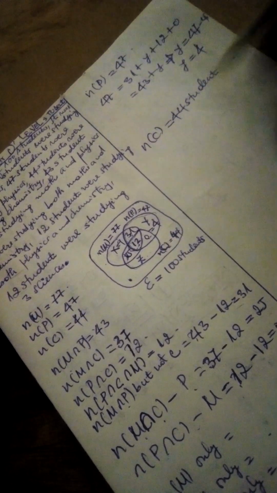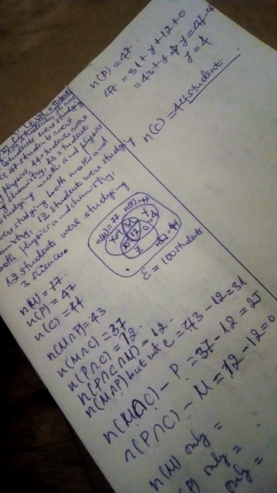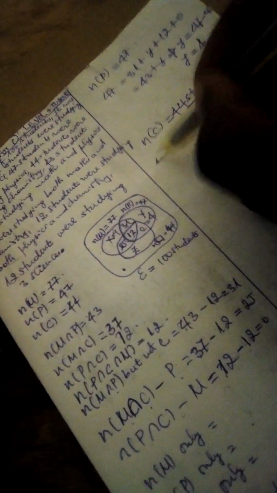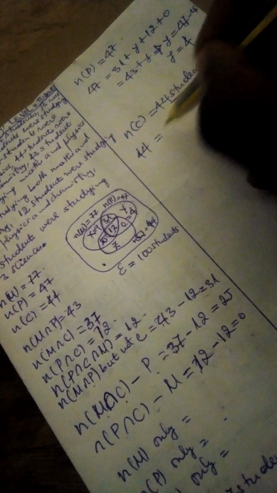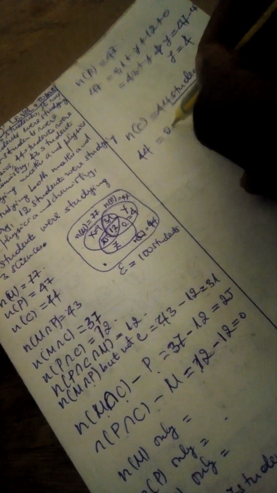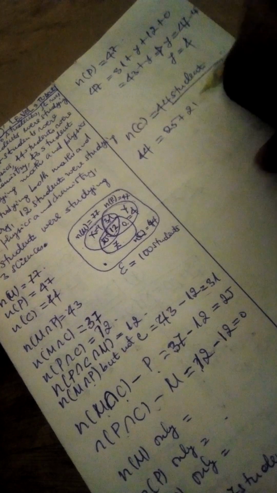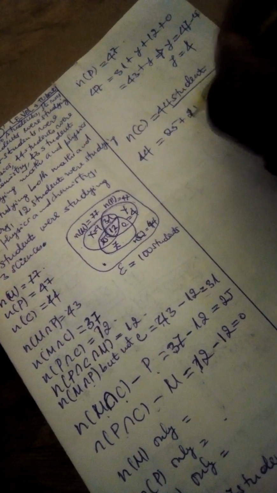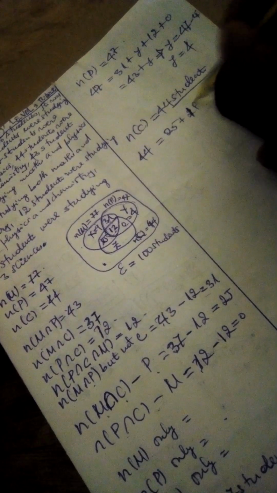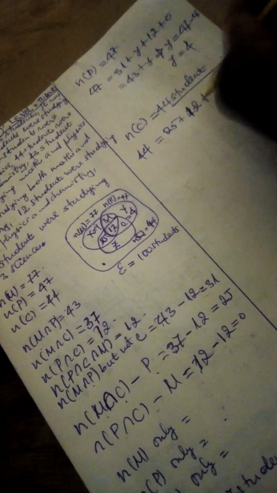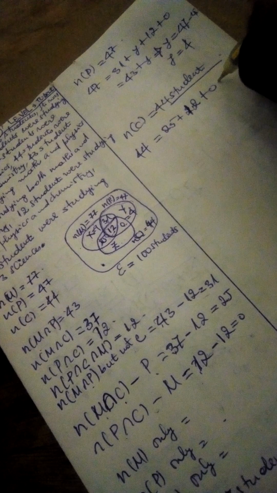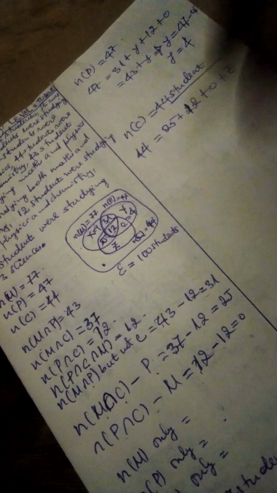So 44 students is equal to 25 plus 12, not 21, plus 0 students plus z, equals 44, right?